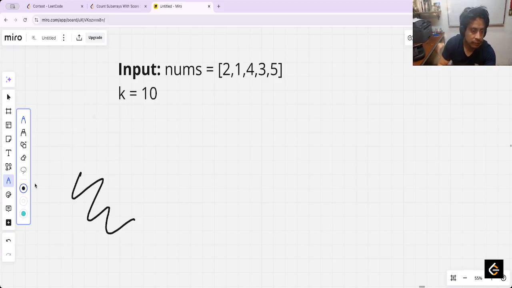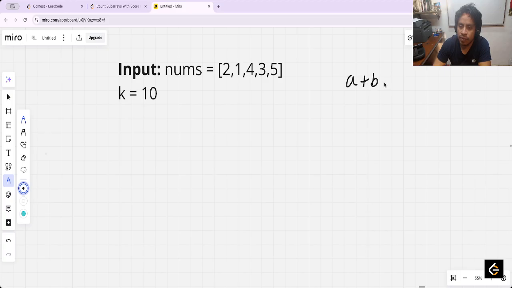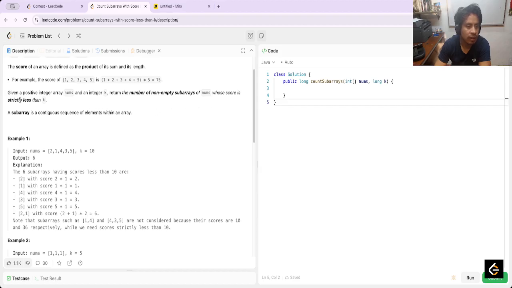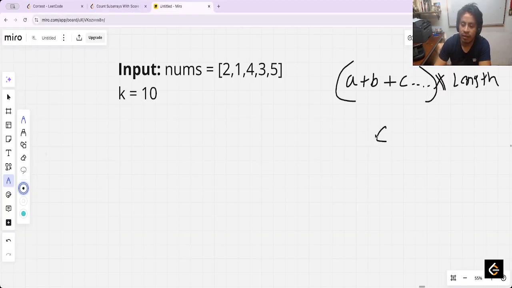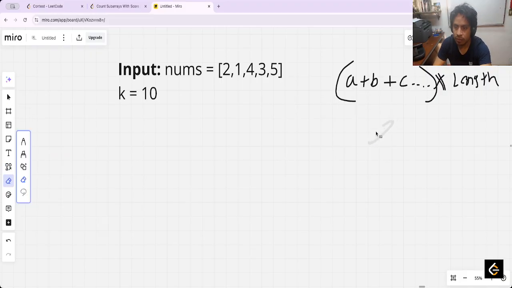The idea is that A plus B plus C, whatever, is multiplied by the length. Obviously this result should be strictly less than k.